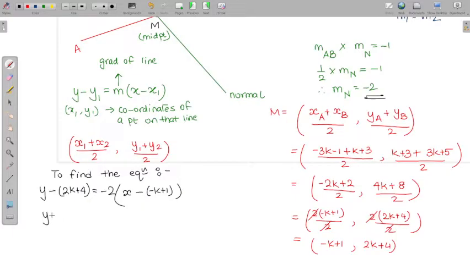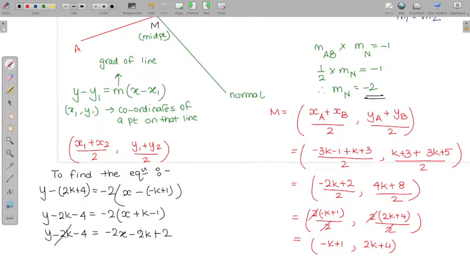So it will become y minus 2k minus 4 equals minus 2 bracket x, minus into minus is plus, so plus k, and minus into plus gives minus, so minus 1. So y minus 2k minus 4 equals minus 2x minus 2k, and minus into minus again gives plus 2 plus 2.